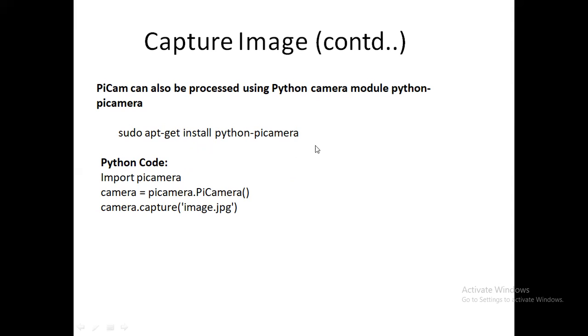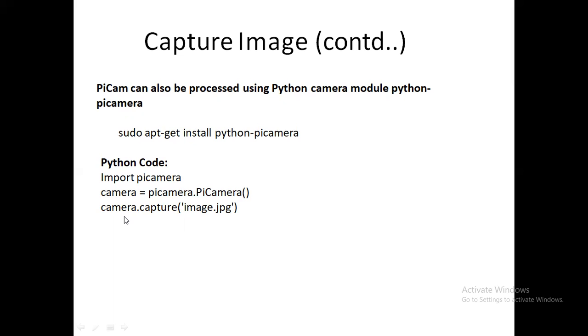The image can also be processed using the Python picamera module, which we are going to install. So the Python code is import picamera. Now camera is your object, a variable, and you write picamera.PiCamera, which is going to capture the image.